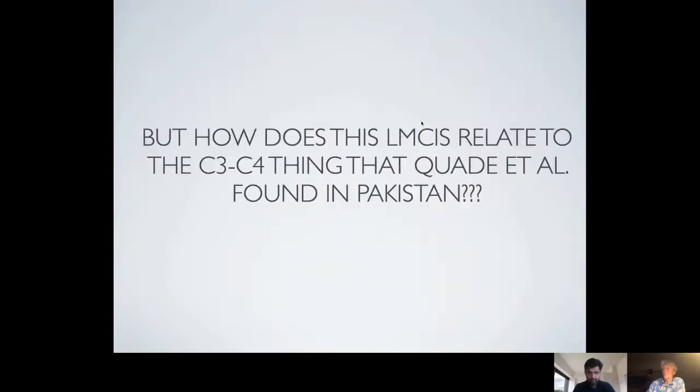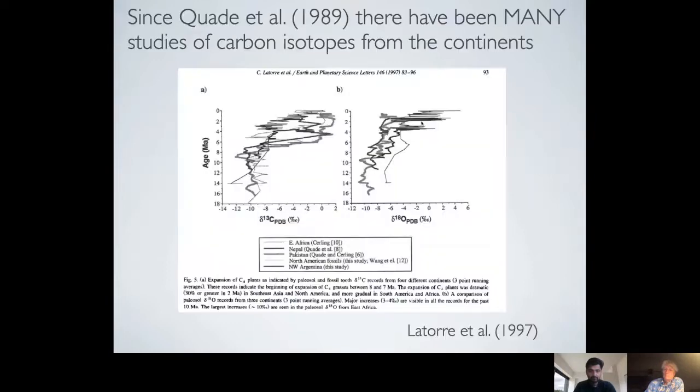So how does that relate to the C3, C4 vegetation shift that Quade et al. found in Pakistan? So since Quade et al. 1989, we're working in Kalialkas, among other places, there have been many studies on carbon isotopes from the continents. This is a compilation by Latorre, 1997.